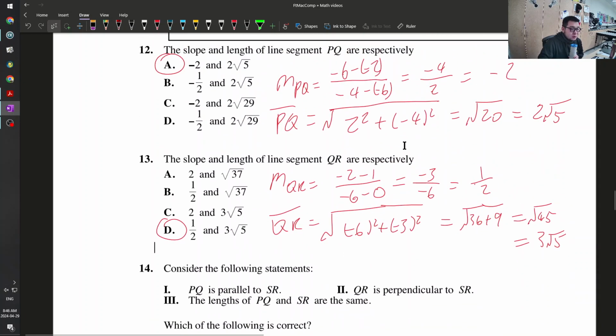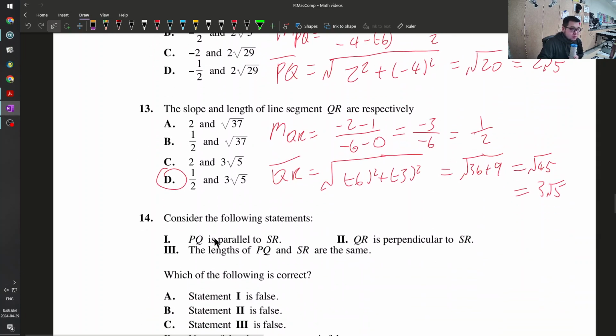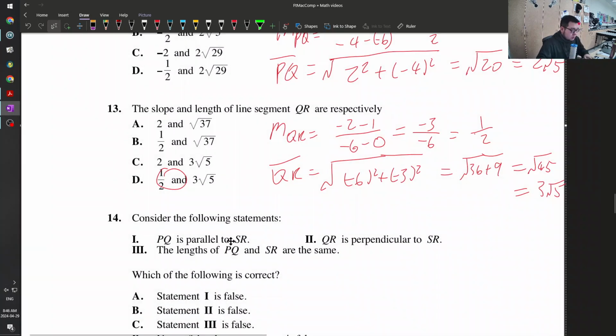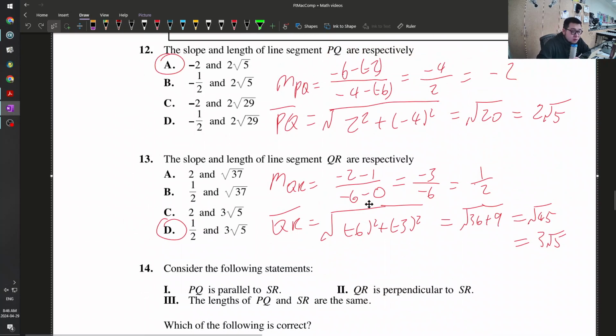Okay, consider the following statements. So PQ is parallel to SR. The slopes are perpendicular to each other, so this is false. QR is perpendicular to SR. What?